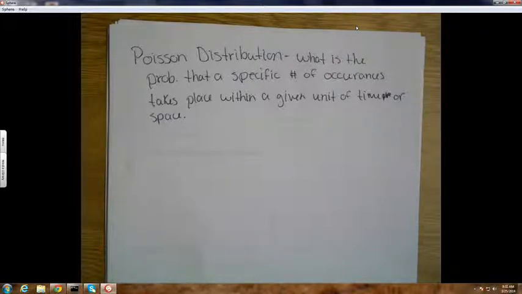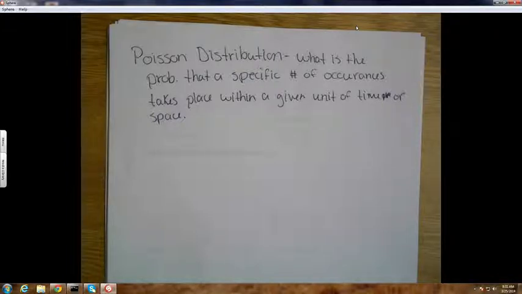So I could ask a question like, based on my past history, what's the probability that I take 5 sick days next school year? So I'm looking at 5 occurrences over a span of a school year, based on my past record. So it's how many occurrences happen within a given unit of time or space.